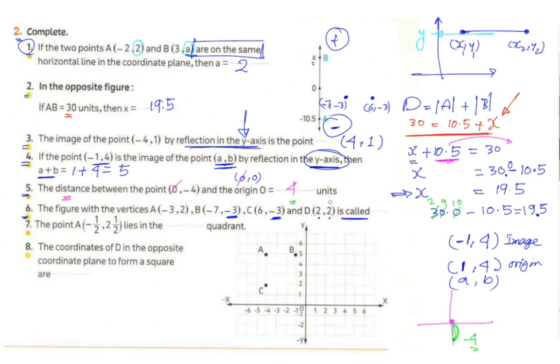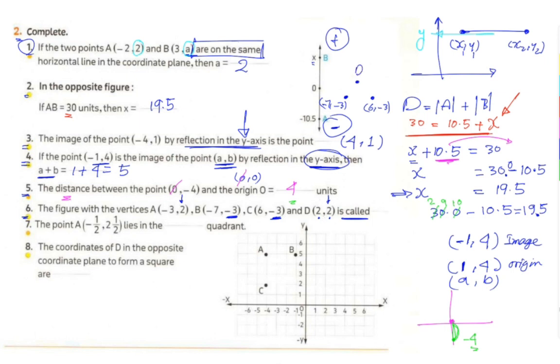Okay, and D is 2 and 2. If you look here, 2 and 2, the same y. So point A and point D are on the same horizontal line. 2 may be between 6 and negative 7. Okay, so 2 will be where? Here, but up to 2.